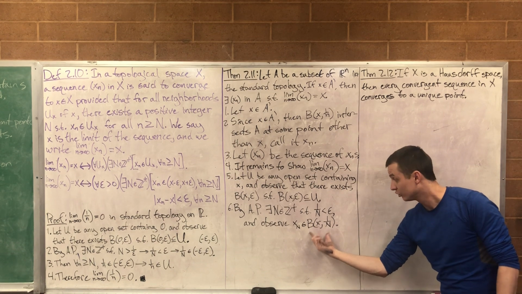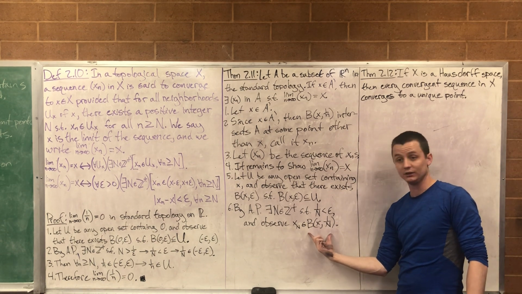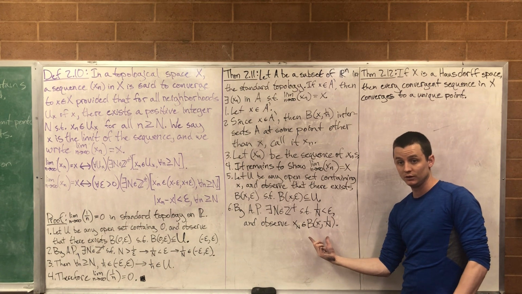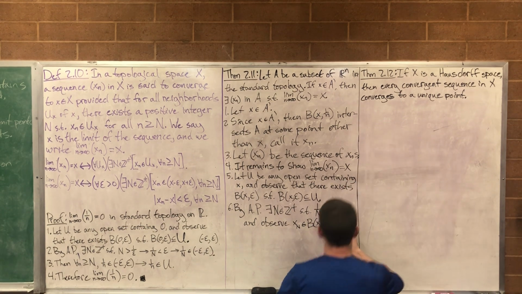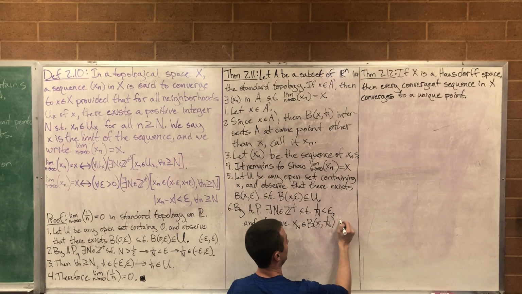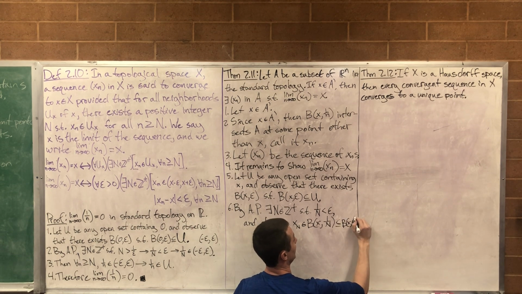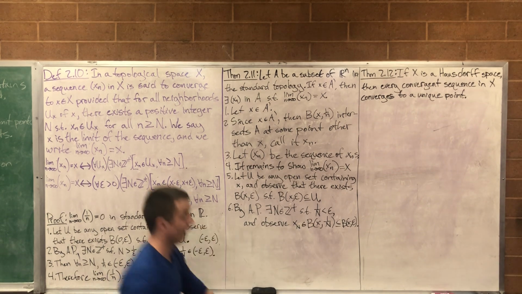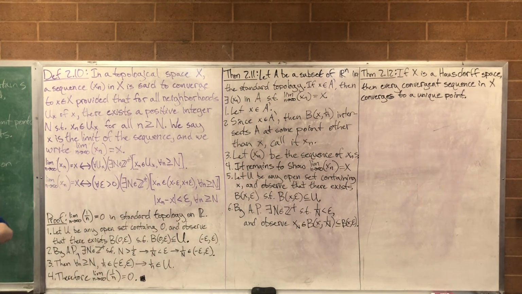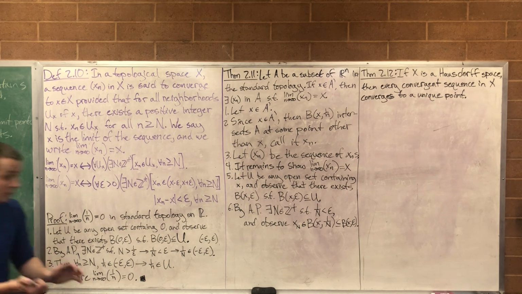So, x sub big N is definitely in that ball, which now is a subset of B(x, epsilon). Right? If we make the radius smaller, we created a subset. It's a ball centered at x. You follow that?